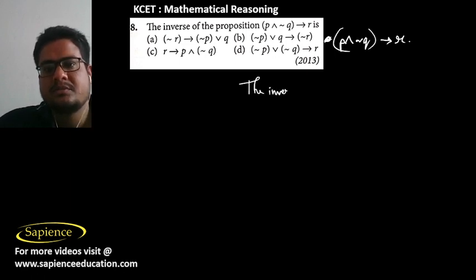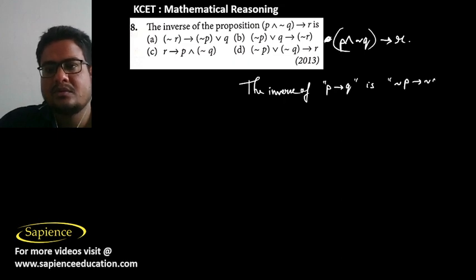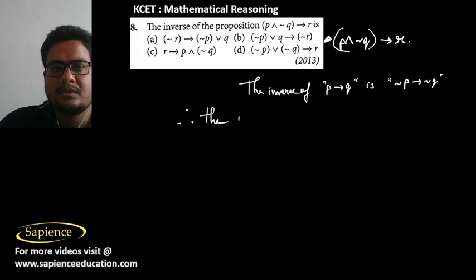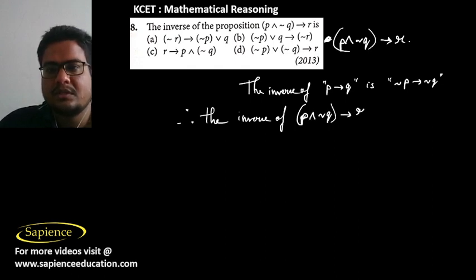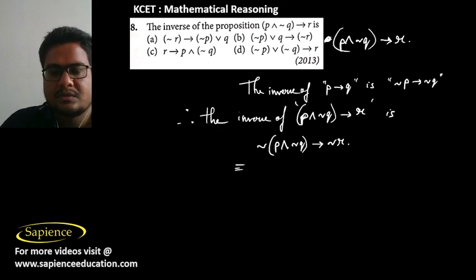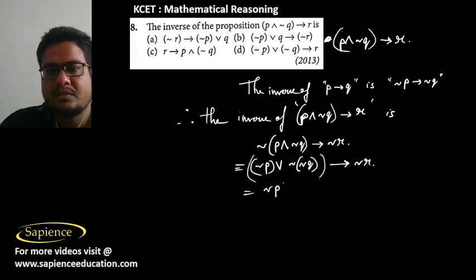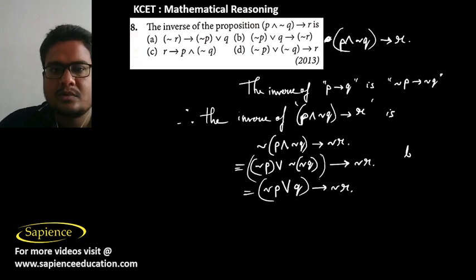So the rule is that the inverse of the statement if P then Q is given as if not P then not Q. Therefore the inverse of this statement, if P and not Q then R, is if not of (P and not Q) then not R. So here you can apply De Morgan's law, that is not P or not of not Q, then not R, which will be not P or Q, then not R. So option B is the correct answer.